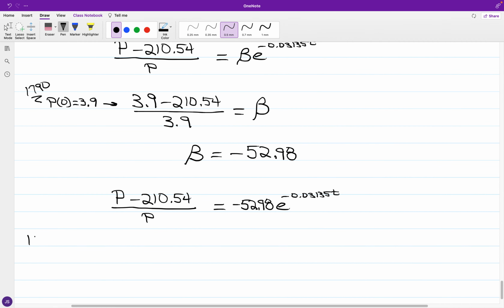Now for the year 1930, we're looking at P of 140, so we're solving for P when t is 140.